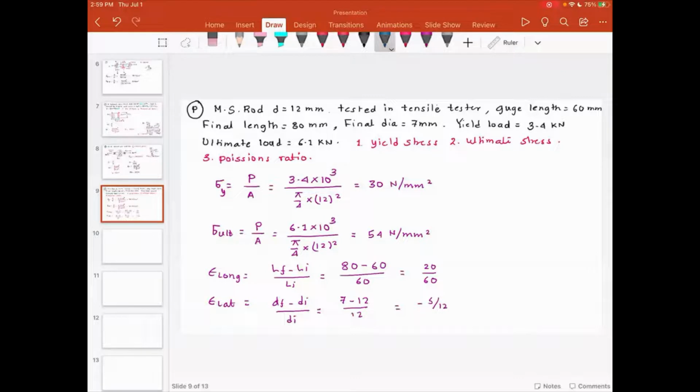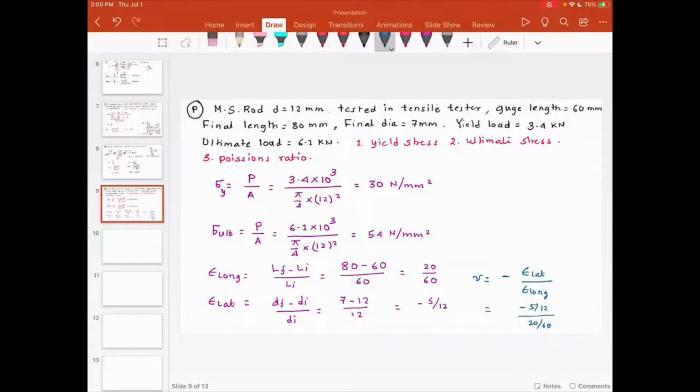The Poisson's ratio mu is minus epsilon lateral divided by epsilon longitudinal. So minus 5 divided by 12 divided by 20 by 60. So that is how you can find out the different values.